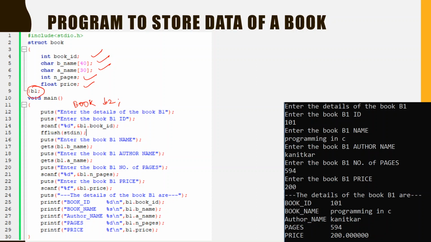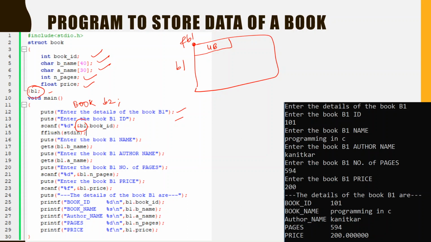Now this puts is just to let the user know what needs to be entered. Here you can see that ampersand b1 has been used. As soon as b1 is created, a block of memory named b1 is created, and ampersand b1 denotes the base address of this block. Now b1 dot book id means the first 4 bytes are the book id of this particular book.